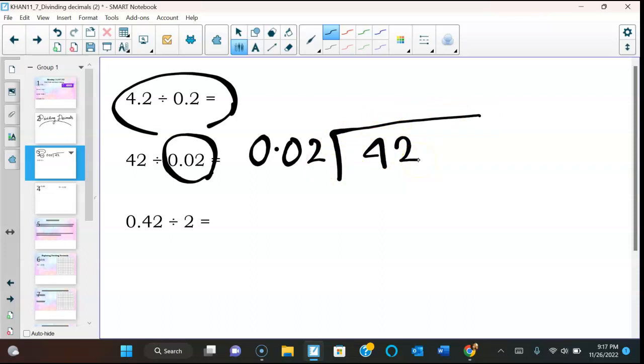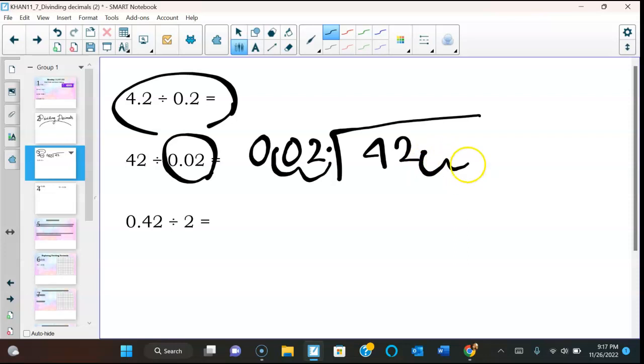Now we have to make our divisor a whole number, so we have to move the decimal 2 units right, and our decimal point is here, so we have to do the same thing inside the house.